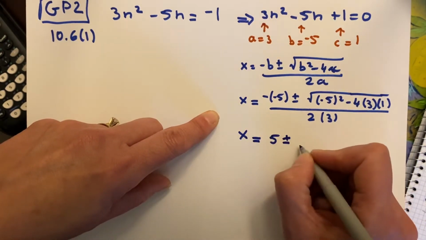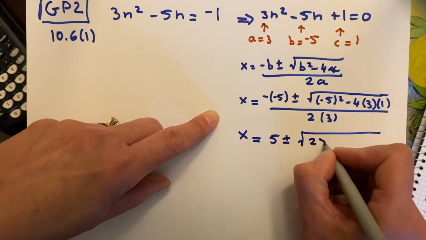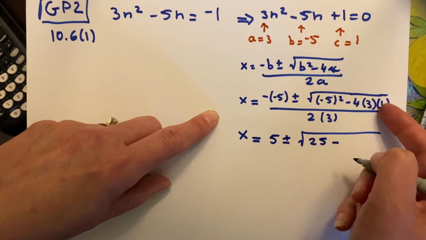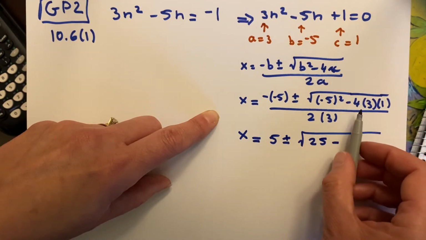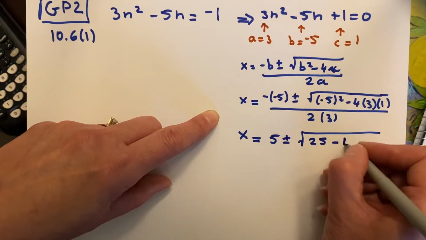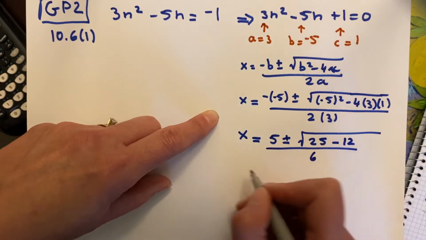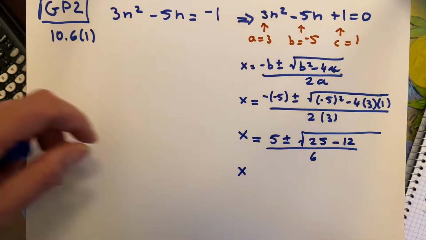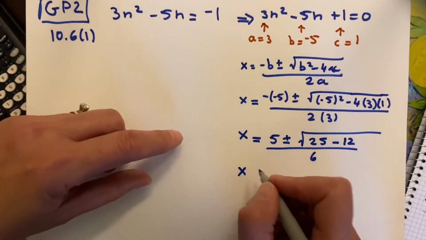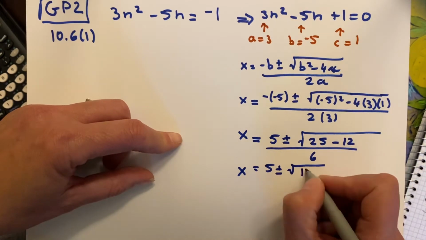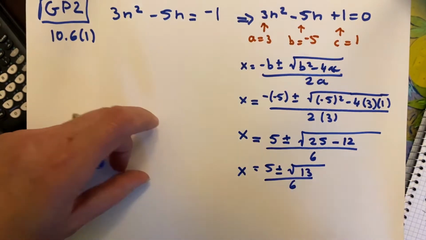5 plus or minus the square root of 25 minus 4 times 3 is 12 times 1 is 12, and it's a negative because I only have the -4, over 6 because 2 times 3 is 6. So I end up with 5 plus or minus the square root of 13 over 6.